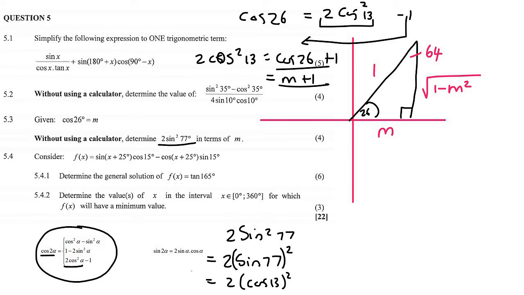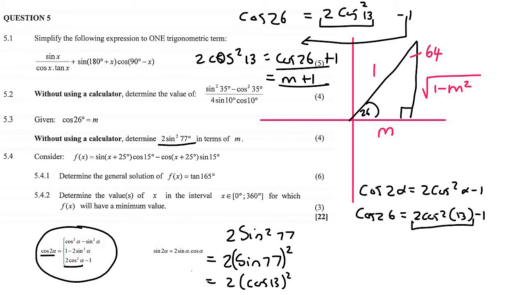Then I realized that from this identity here, cos 2 alpha equals 2 cos squared alpha minus 1, if I change the alpha to 13, then it becomes cos 26, because that's 2 times 13, equals 2 cos squared 13 minus 1.